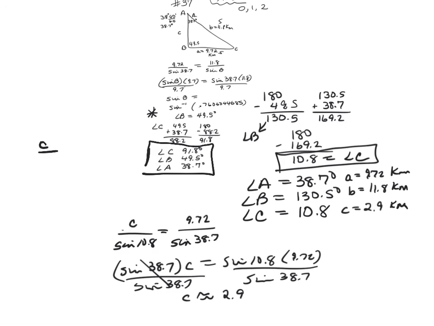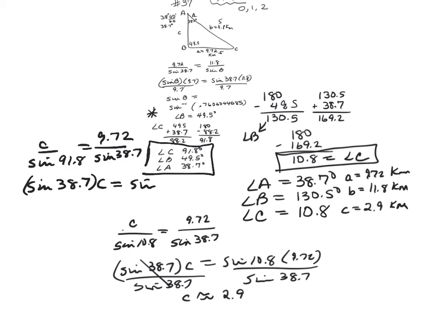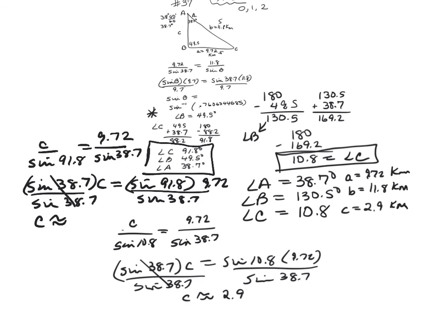Little c, given angle C that I calculated, the 91.8, sine 91.8 is equal to 9.72, sine 38.7, cross multiply, sine of 91.8 times 9.72, divide by sine of 38.7, and little c is equal to 15.5.